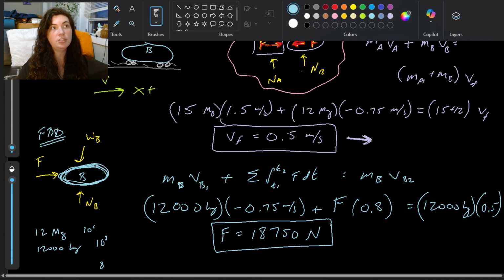And I didn't have to use tanker car B. We could have done this exact same process and used car A. The only difference is that our force would be pointing in a different direction. We would have different weights, but it would work out the same. You would get the same answer even if you used car A instead of car B. The trick was that you had to pick just one of them to apply this to get this to work out.